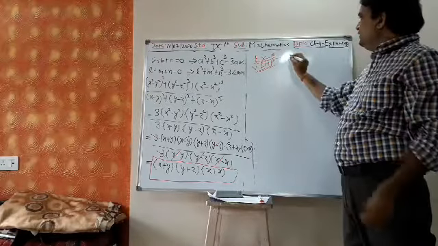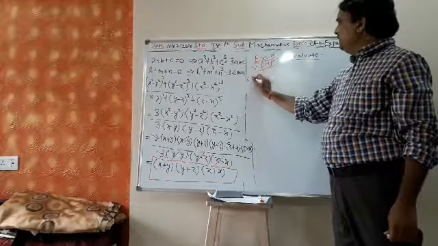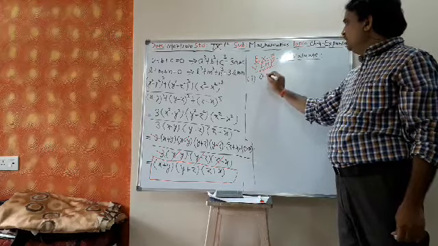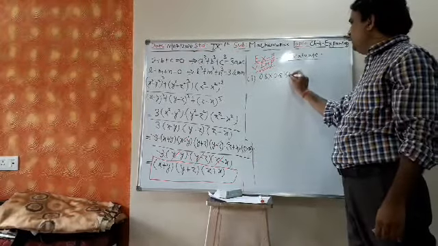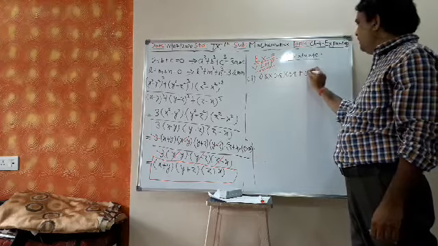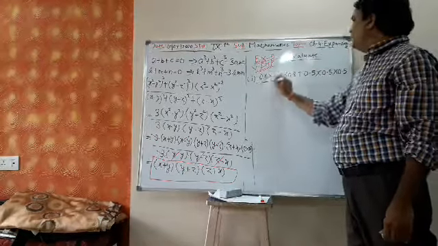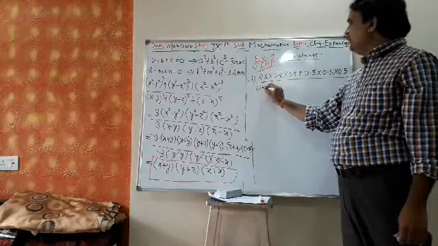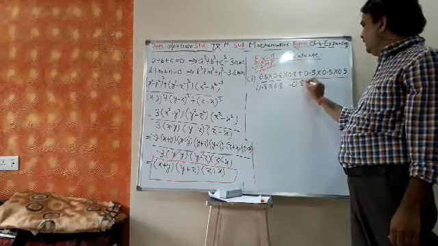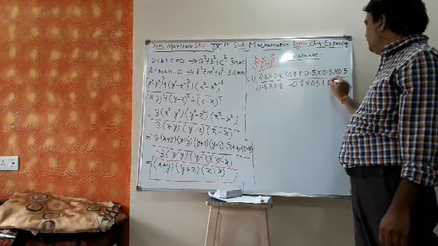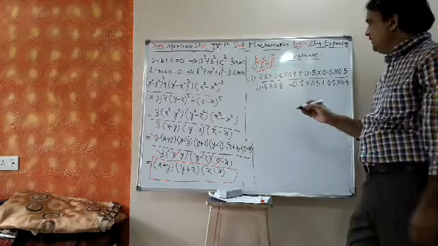Evaluate, means find, first: 0.8 into 0.8 into 0.8 plus 0.5 into 0.5 into 0.5, divided by 0.8 into 0.8 minus 0.8 into 0.5 plus 0.5 into 0.5. Evaluate this.